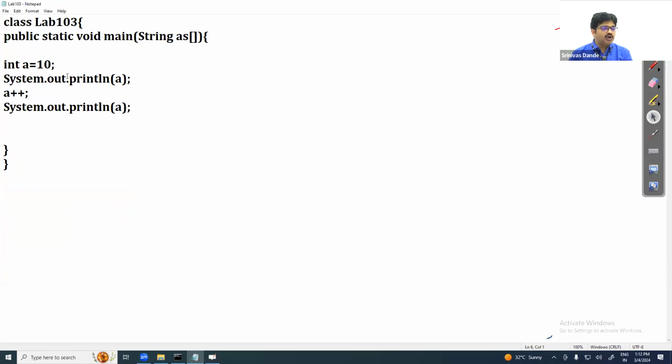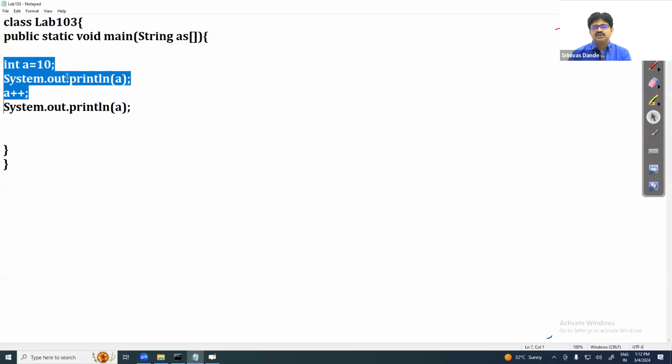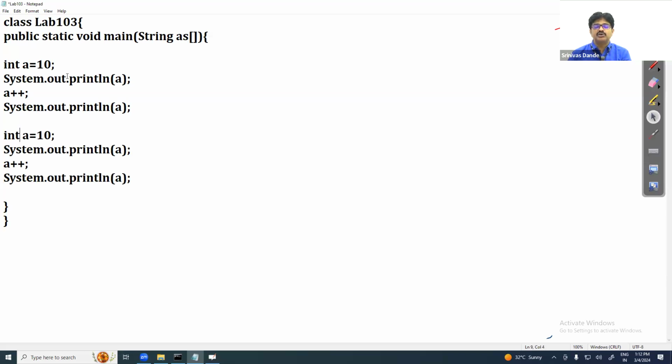In this, how many operators are there? A++, a single operator, right? Plus plus only. Just increase the A value by 1. That's it. No change. When multiple operators are there, then you have to think about operator precedence. That's what I explained in the prefix and postfix.